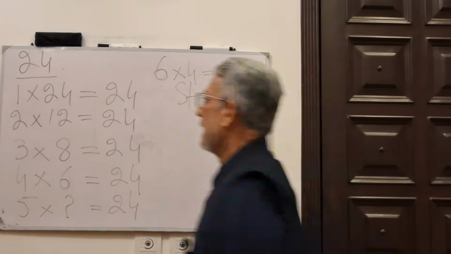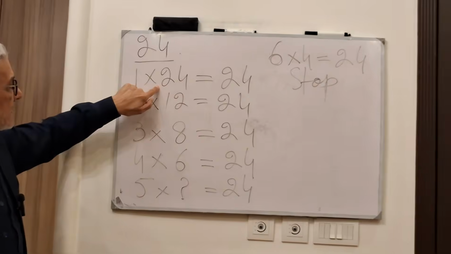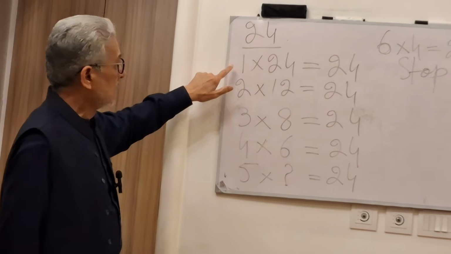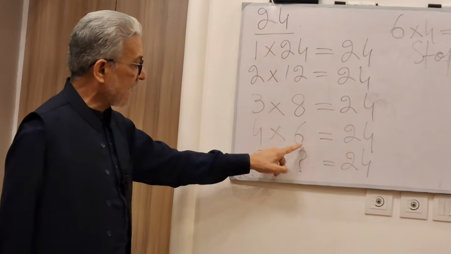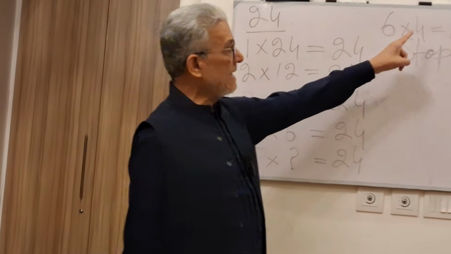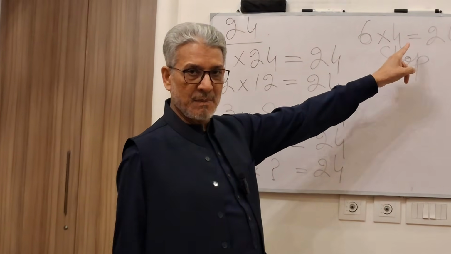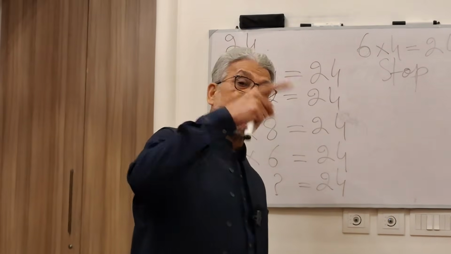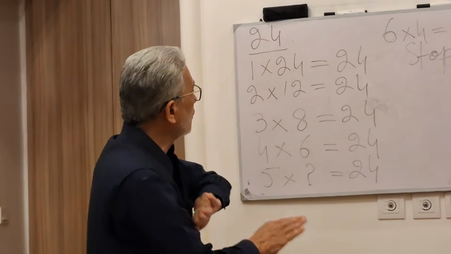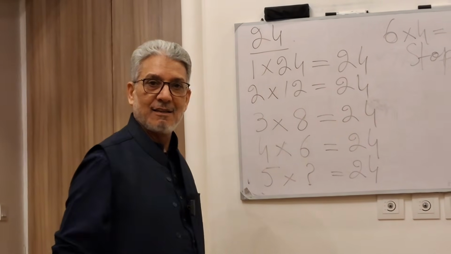Look, here the second number is larger than the first number. Second number is larger. But here the second number is smaller. When you reach this factor pair where the second number is smaller, stop there. You have already found all the factors. Finish.